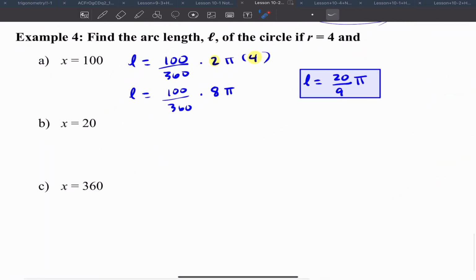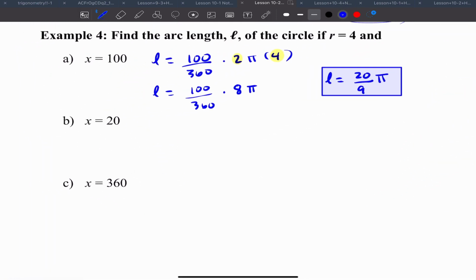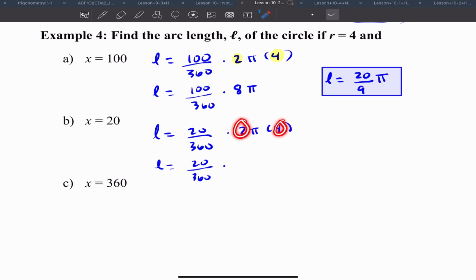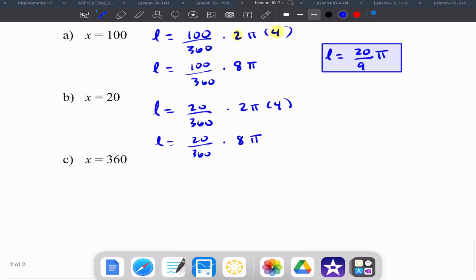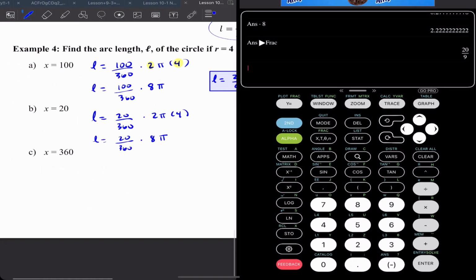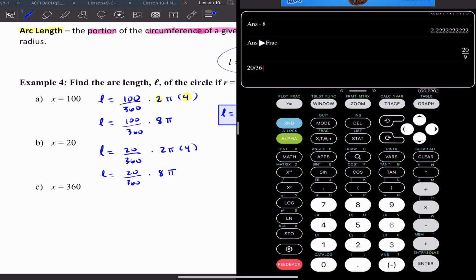All right, let's go ahead and take a look at B. X equals 20, so L equals 20 over 360 times 2 pi 4. L equals 20 over 360 times, let's multiply the 2 and the 4 together, which is 8. So 8 pi, and I'm going to get the calculator out. And I have 20 over 360 times 8.